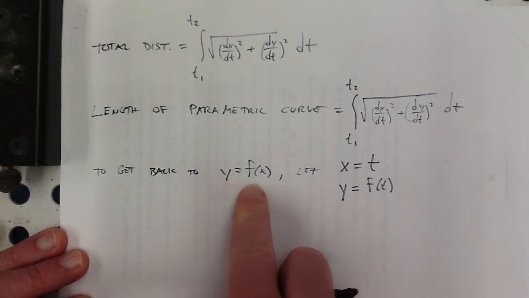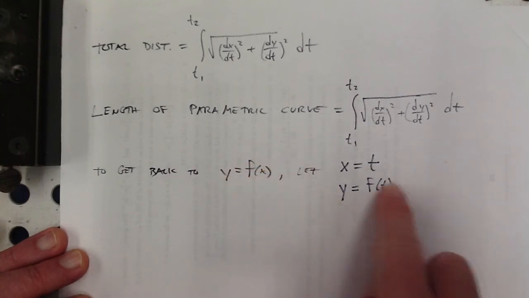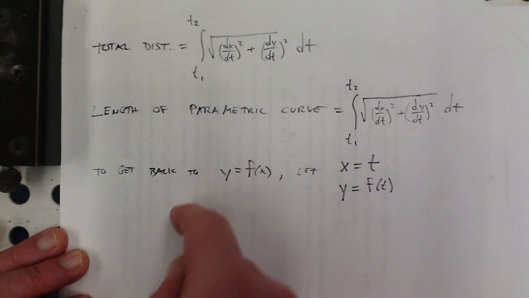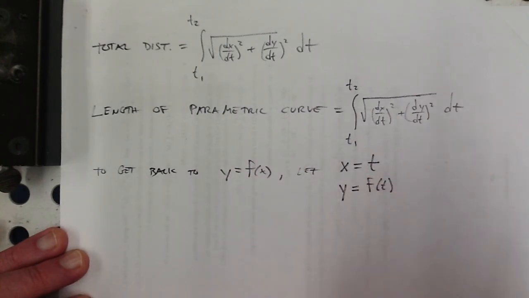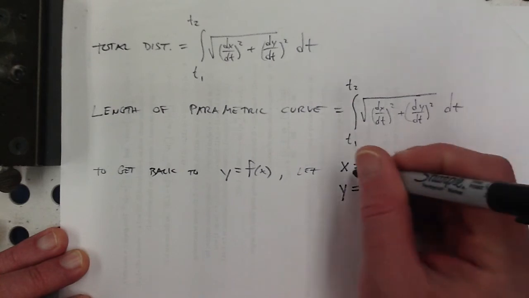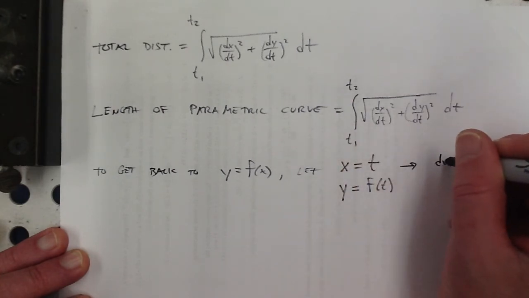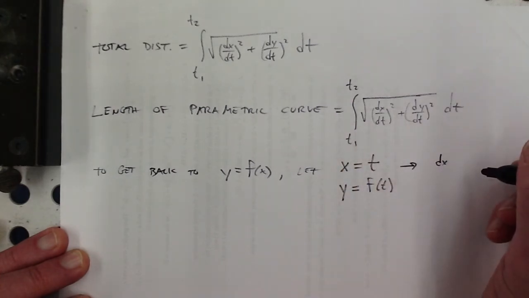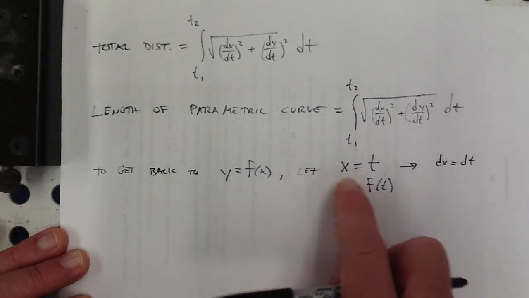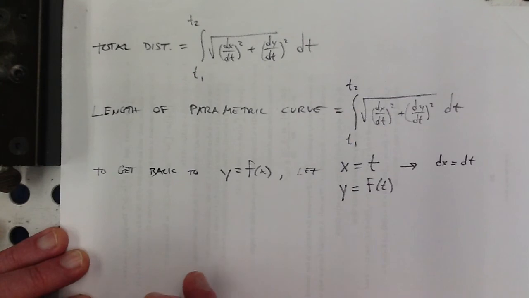In other words, you can turn y equals f of x into a parametric equation really easily and then go back the other way. So if that's true, then that means from this equation here, dx is equal to dt, right? Because those two things are equal to each other.